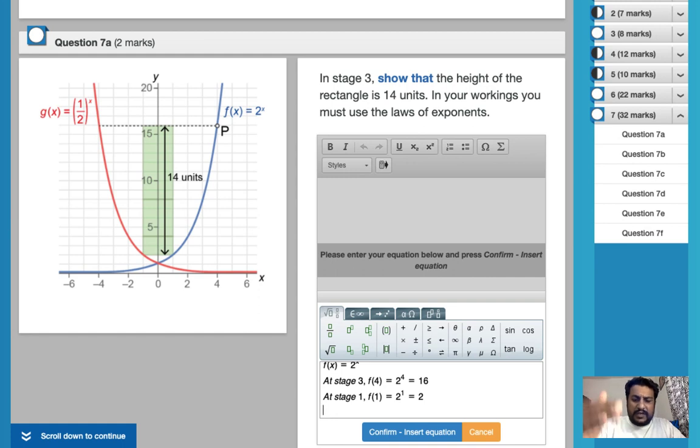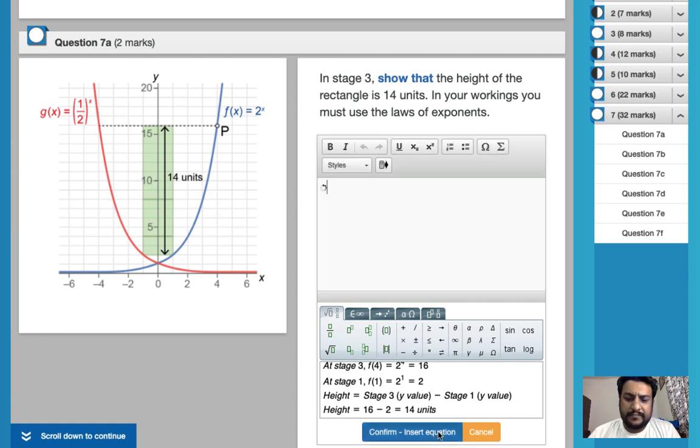So what is the height? Height equals stage 3 y value minus stage 1 y value, which gives you height equals 16 minus 2, which gives you 14 units.